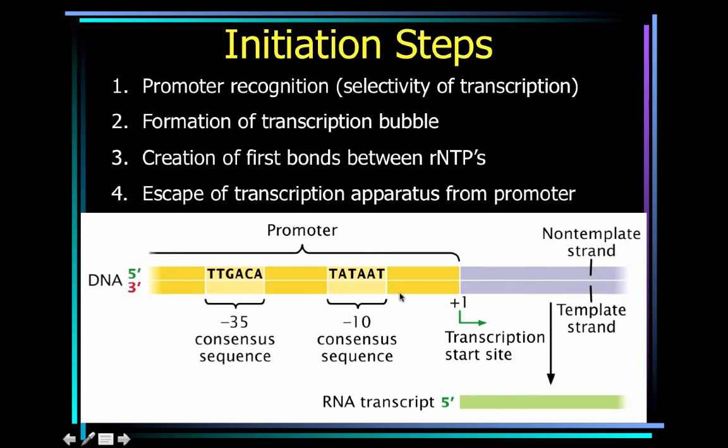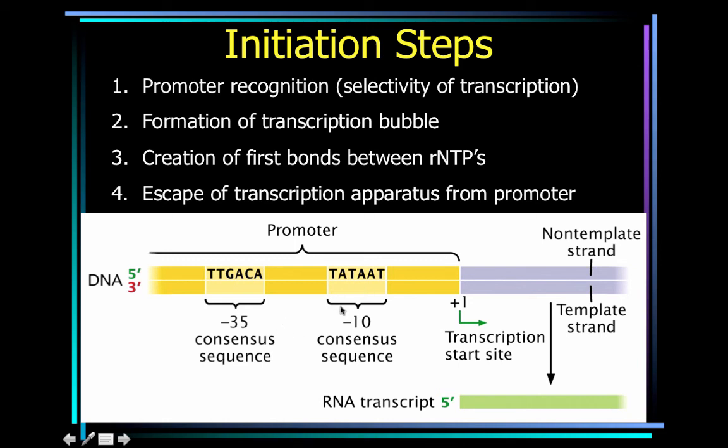So the promoter region is really important because of this recognition step. RNA polymerase has to recognize the promoter system. In bacterial species and even some eukaryotes, it comes in the form of consensus sequences.